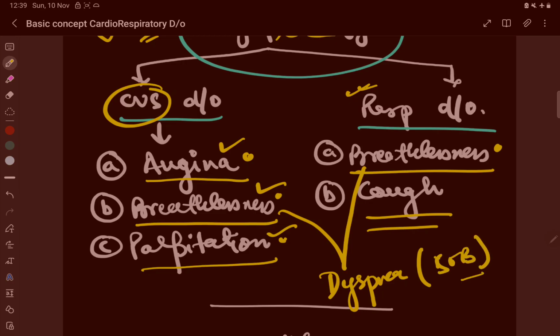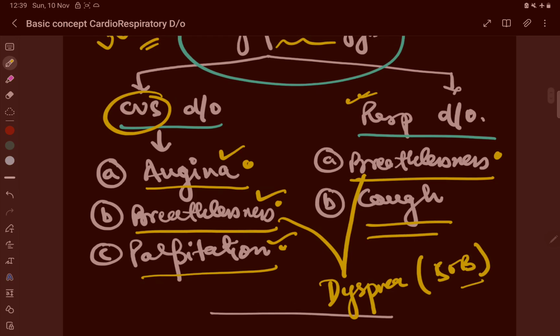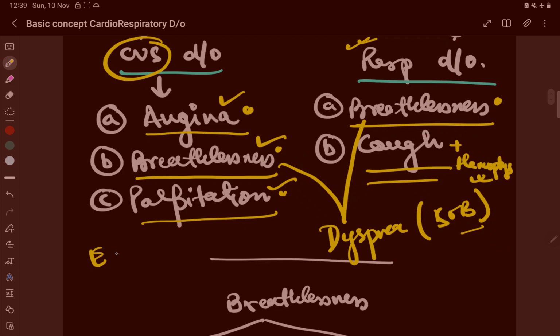Along with cough there may be something called hemoptysis, blood in cough. Very commonly there is another term called edema, and obviously palpitations are there. Angina too, and we are going to discuss angina in detail.